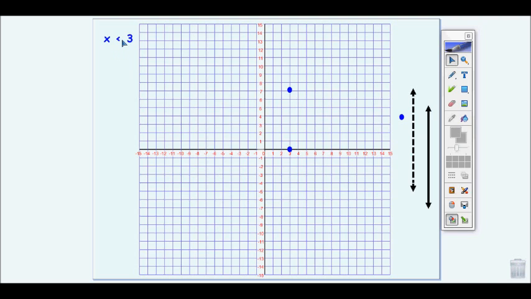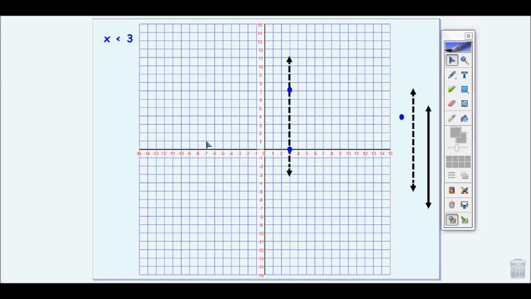Now, my inequality symbol does not contain equal, so I want to use the dashed line. I'll make it a little bigger here. Let's make this a little larger so it's not so close to the point there. So there is my graph of the linear equation, but it's an inequality, so I need to think about the shading.